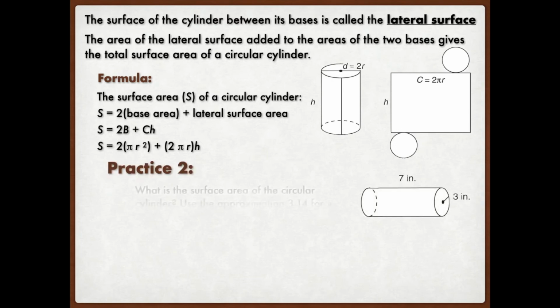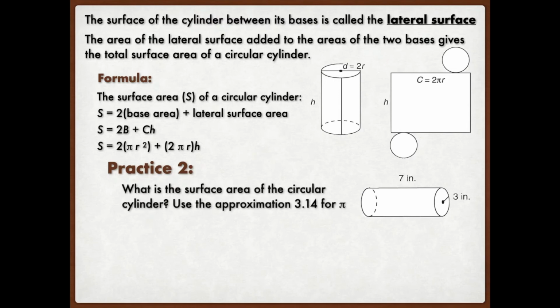So let's use that equation. Find the surface area, and we're going to use 3.14 for pi. So we have 2 bases. Now what do we do for base? We can't do width times length. We have to do pi times radius squared. So pi times 3 squared, and then multiply that by 2.